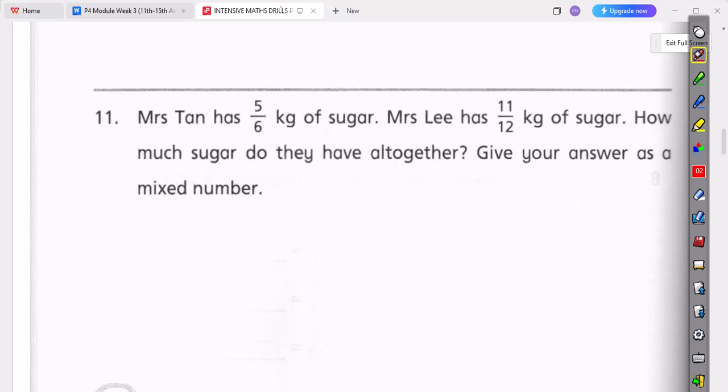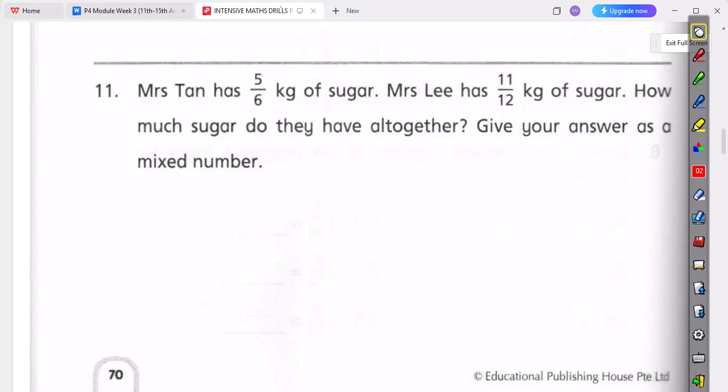To solve the problem, we need to make all the things into symbols first. Let's say Mrs. Tan is T, and she has 5 and 5 out of 6 kilogram of sugar, and Mrs. Lee is L, and she has 11 out of 12 kilogram of sugar.